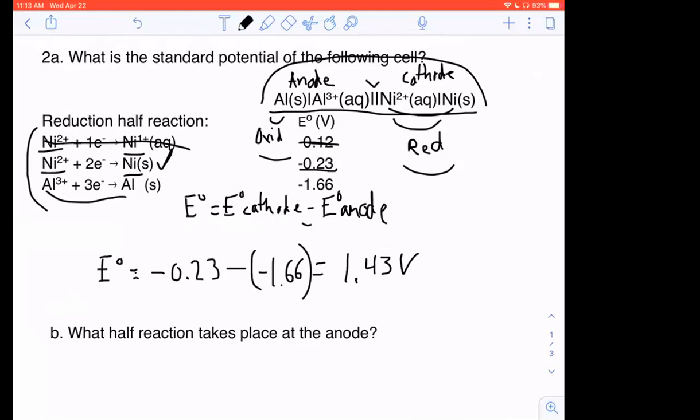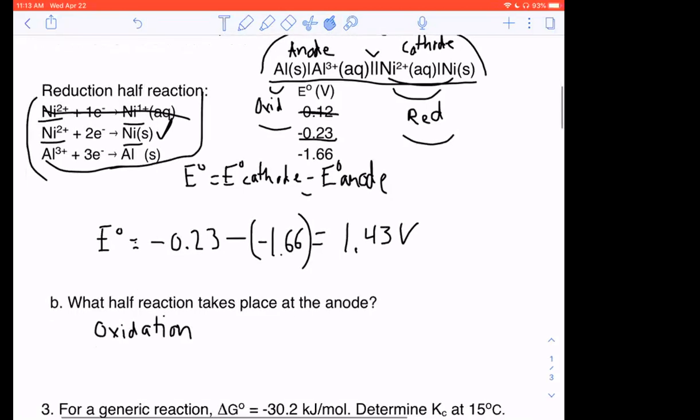What we have in this table is the reduction half reaction, so the only way to write the oxidation half reaction is to flip it. I'm going to write oxidation to start with, and that reaction is just this exact same reaction, but backwards.